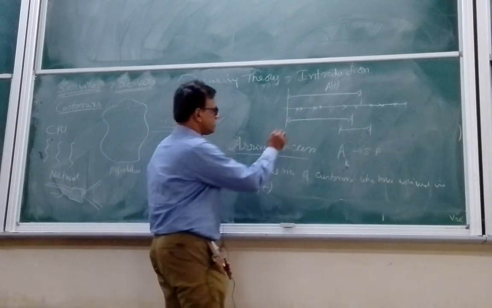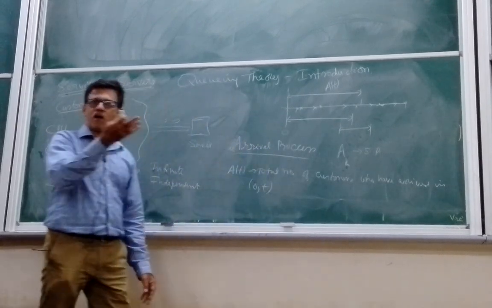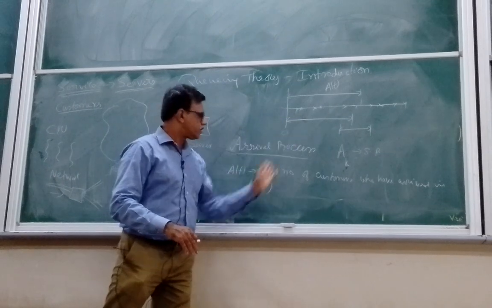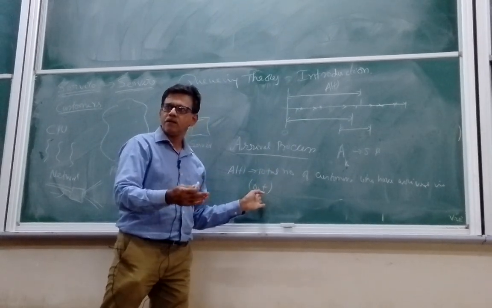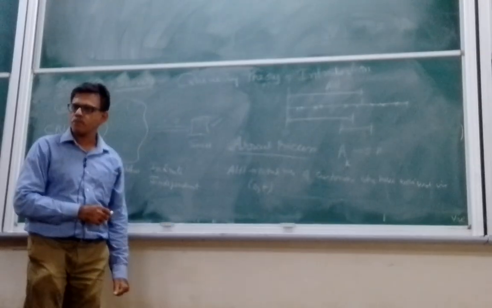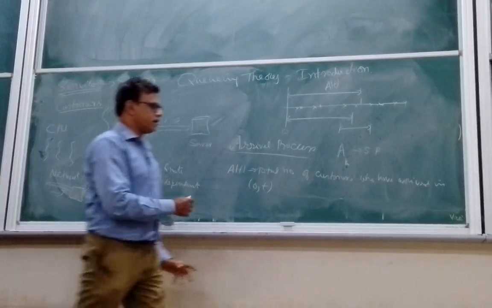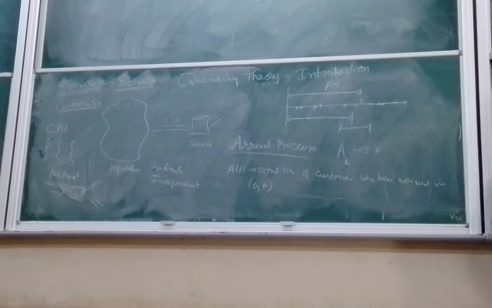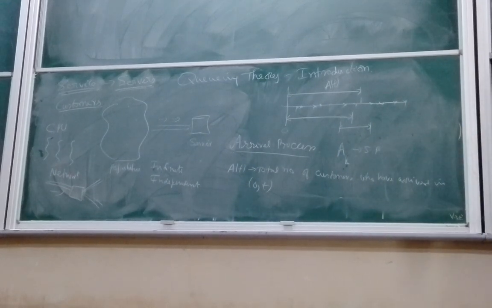You take an arbitrary time point and call it 0. And from then onwards, the clock ticks, and at a given time t, the number of customers who have arrived we call A of t.